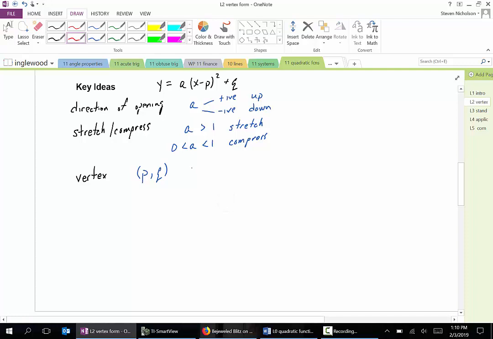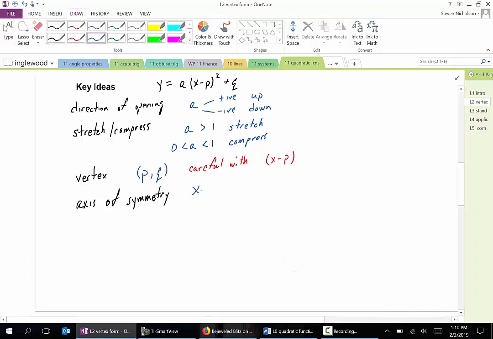But again, I want to caution you, you want to be careful with p, because in our formula right here, it's x minus p. So when you have x plus p, you have to make sure that you understand it's the negative of what that value is.